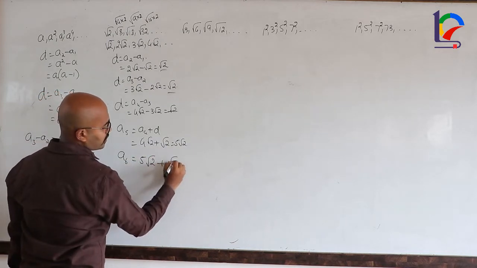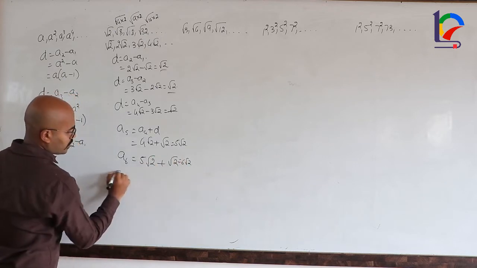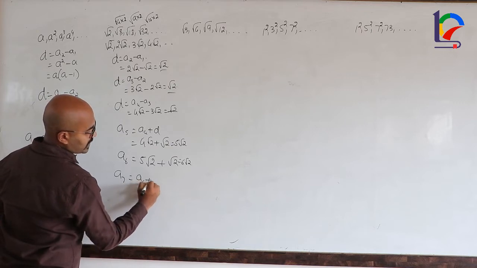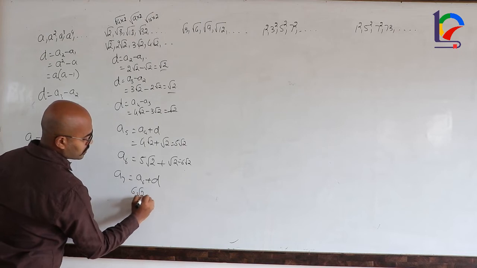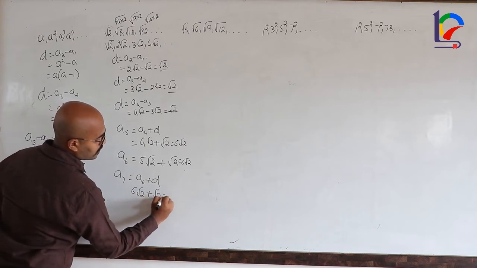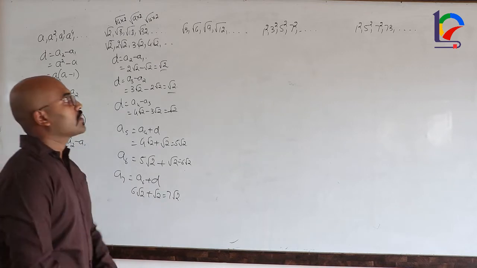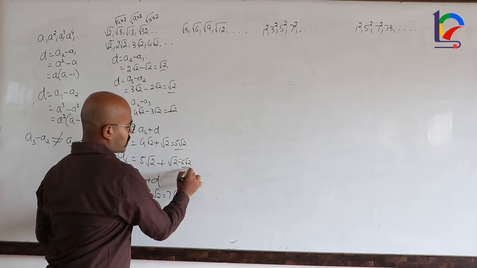What is d? Root 2. 6 root 2. What is a7? a6 plus d. What is a6? 6 root 2. What is d? Root 2. It is 7 root 2. So the next three terms are 5 root 2, 6 root 2 and 7 root 2.